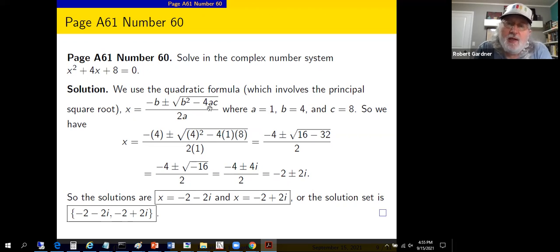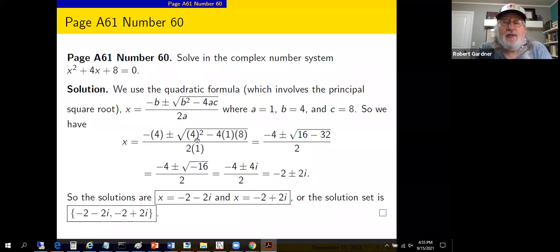This minus 4 is part of the formula. Remember, when I substitute like this, I put parentheses around the things we've plugged in. a is 1, so 1 goes there and there. c is 8, c only appears here, and the 8 goes there.